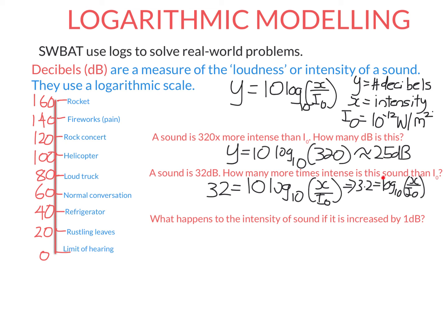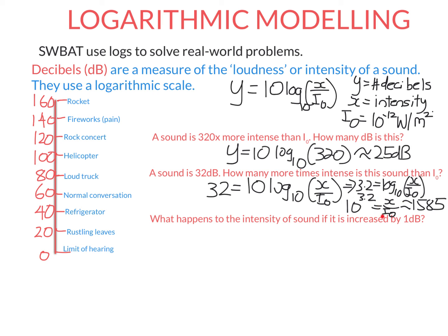And now if we want to get rid of the log base 10, we raise 10 to the power of each side. So 10 to the power of 3.2 would give us the ratio X over I0. And 10 to the power of 3.2 is around 1585. So that means that at 32 decibels, the sound is about 1585 times more intense than at 0 decibels.